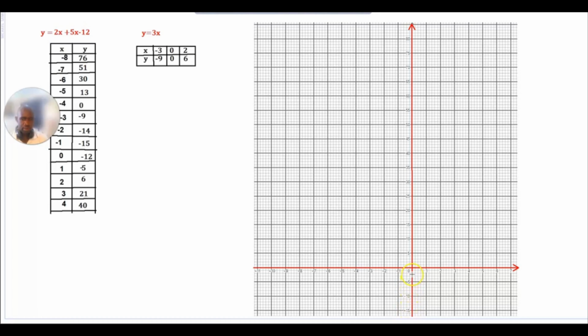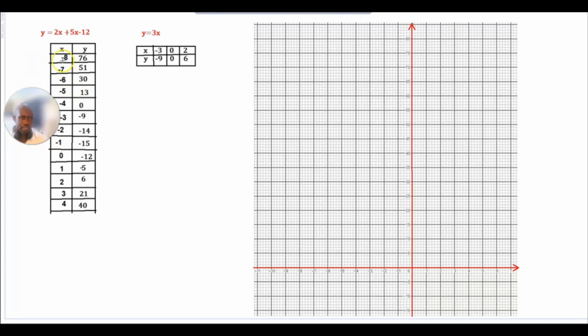The scale in the y-axis is 1 centimeter to represent 5 units. In the x-axis, 1 centimeter represents 1 unit. And therefore, let us plot the points.